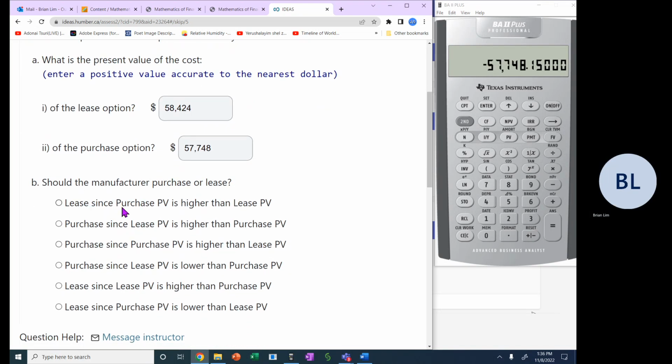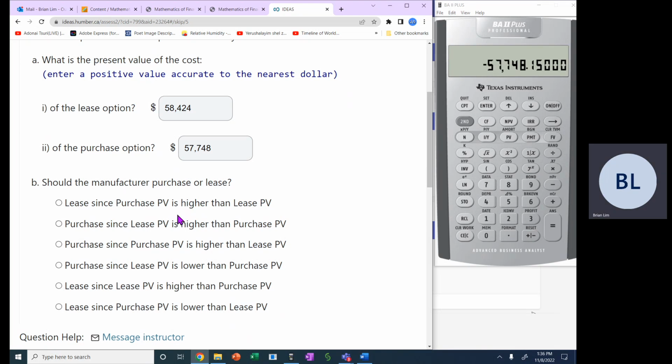The lease, since purchase present value is higher than the lease present value. Well, that doesn't make too much sense for us. If the purchase present value is higher than the lease present value, we won't do that.